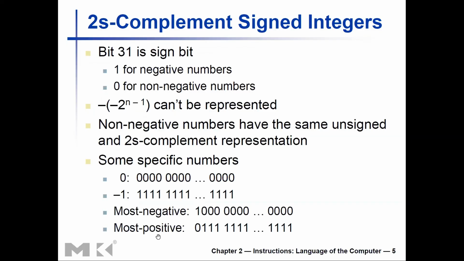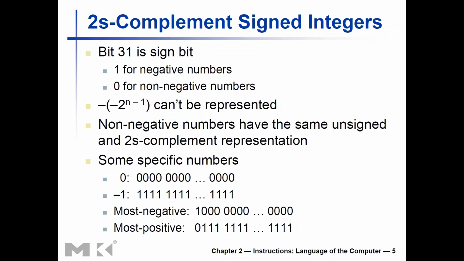And the most positive number is going to be 0 followed by all ones. Because the positive numbers are going to be similar to unsigned numbers, the only thing is the first bit you have to allocate for the sign. That is an important point. By looking at the first bit, or the MSB, you can determine whether it's a positive number or a negative number if it is represented in 2's complement notation.